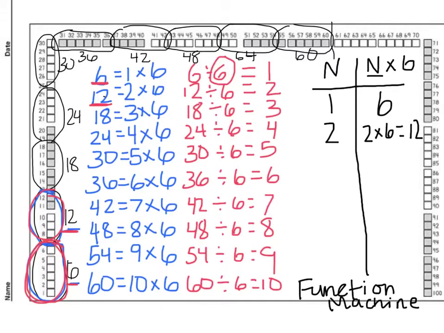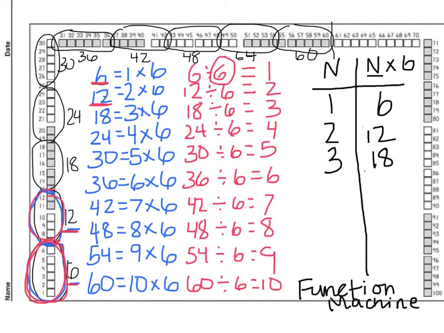And again, what we put in the function table is just the number 12, because it tells us that n is 2, then 2 times 6 is 12. Let's do one more, and then I'm going to let you try it by yourself. So 3. So then it's 3 times 6 equals 18. And of course, in our function machine, we would just put an 18.